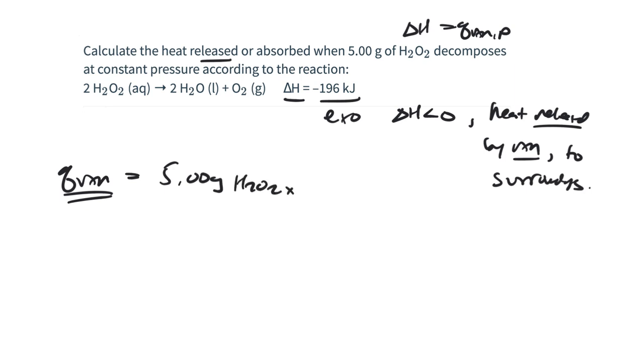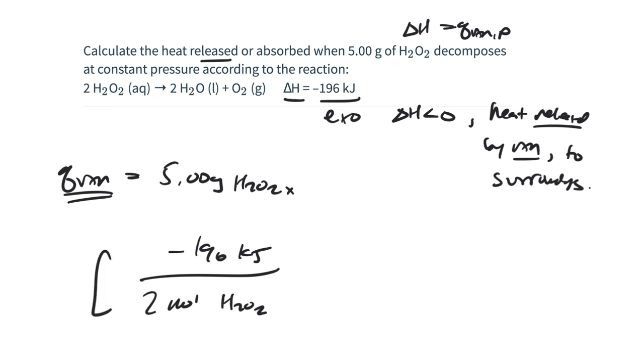According to the reaction, for every 2 moles of H2O2 that reacts, the heat change of the reaction is minus 196 kilojoules. This is a fundamental conversion factor I can write using the balanced chemical equation. Because this equation is saying when 2 moles of H2O2 reacts to form 2 moles of water and a mole of O2, the delta H of that reaction is minus 196 kilojoules.